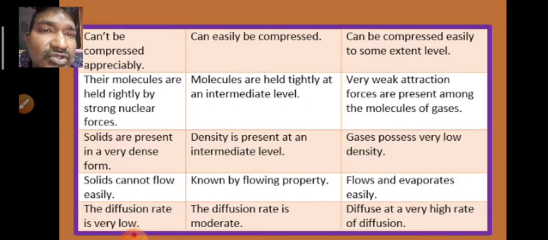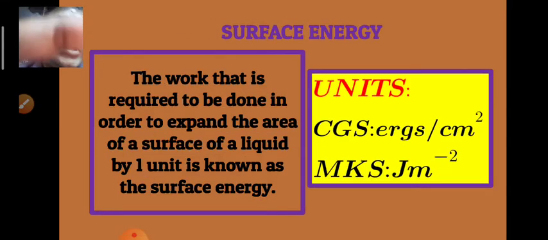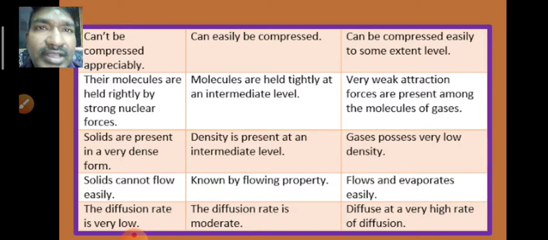And in solids, molecules are present in a very dense form, and the density of the liquid is at an intermediate level, and the gases have very low density. Solids cannot flow easily, and liquids flow easily.